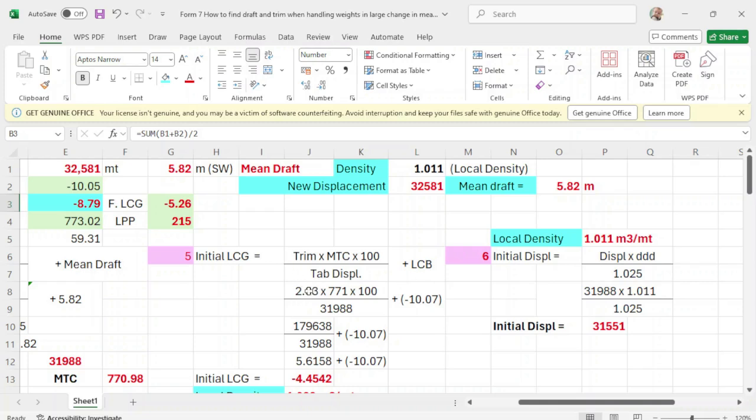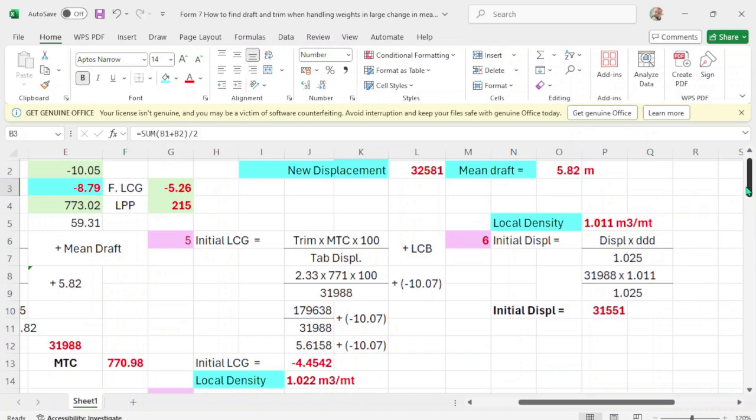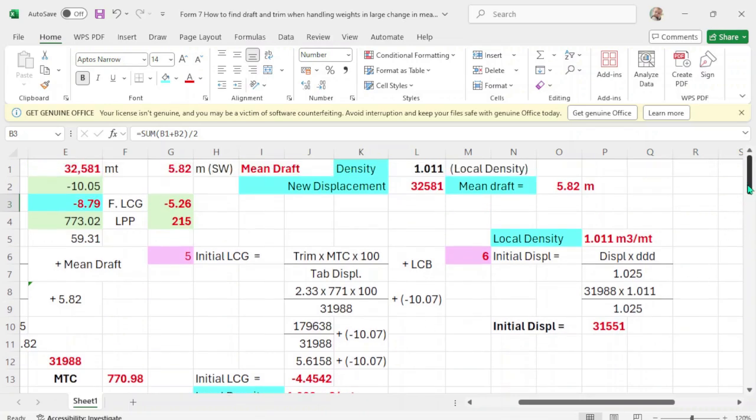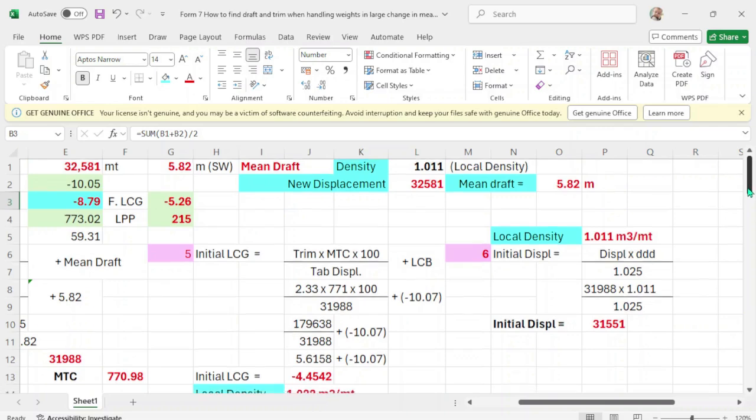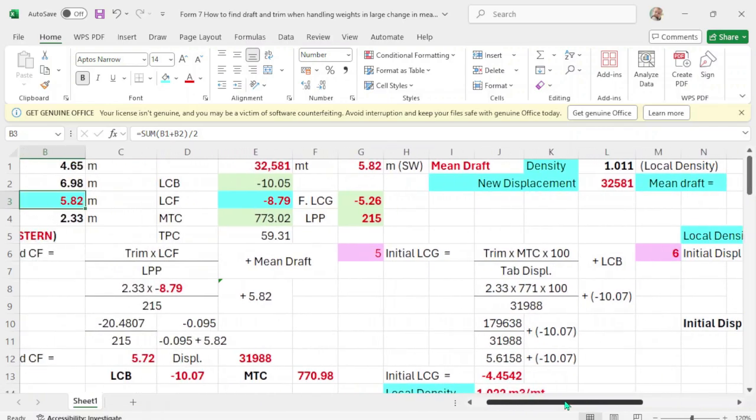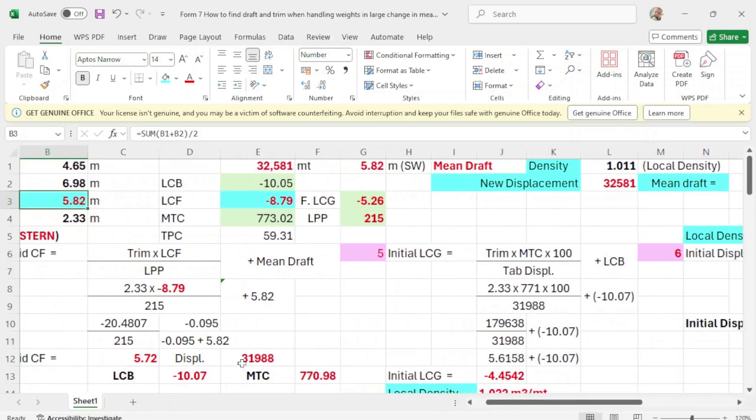It is 2.33, times your MTC of 771, times 100 over your tabulated displacement, which is 31988.